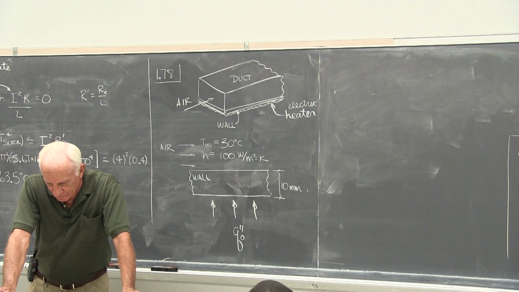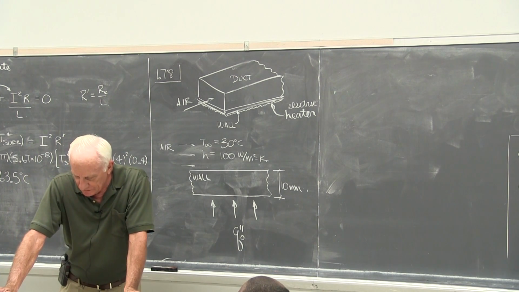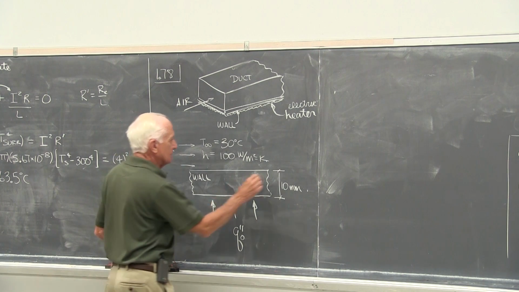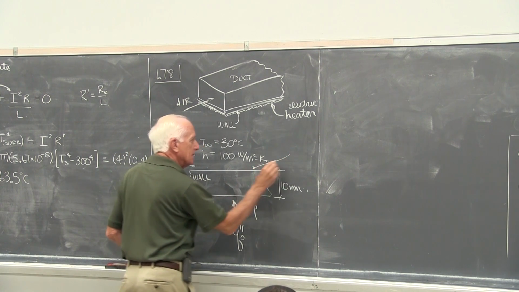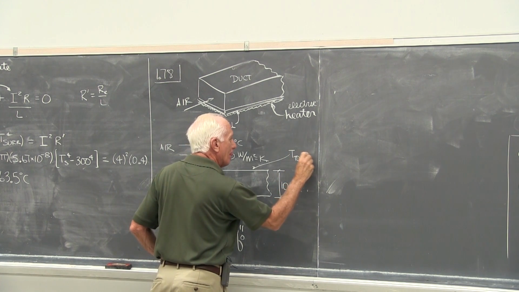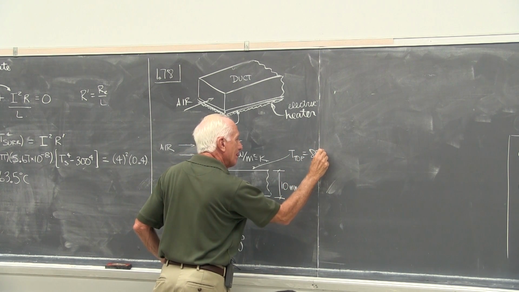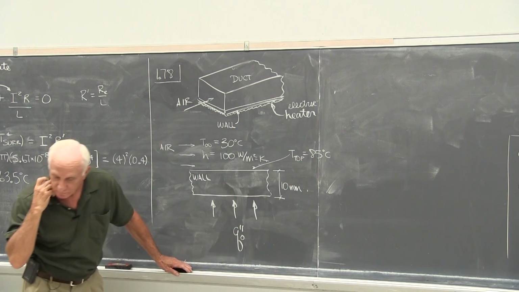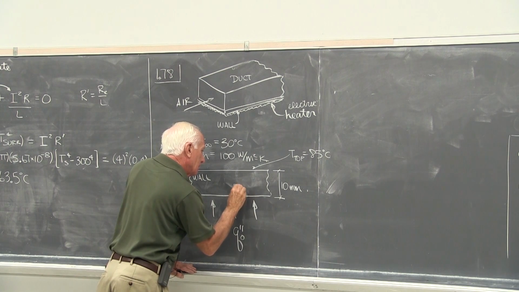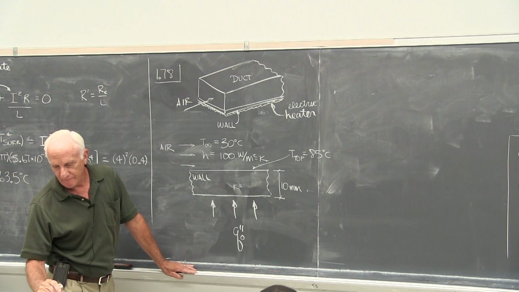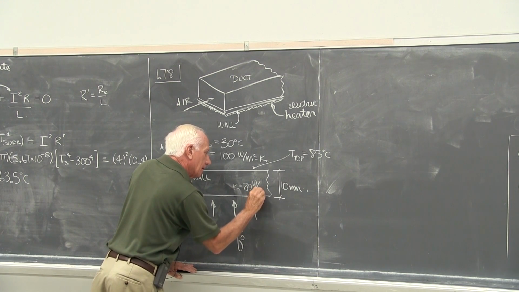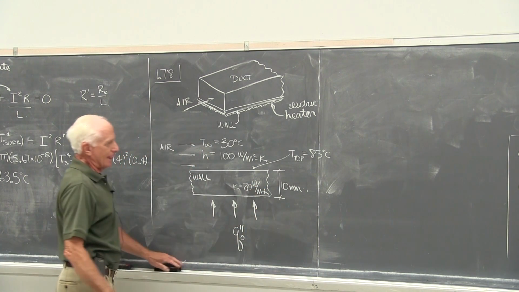The top surface is to be kept at 85 degrees C. And K for the duct wall is 20 watts per meter K.